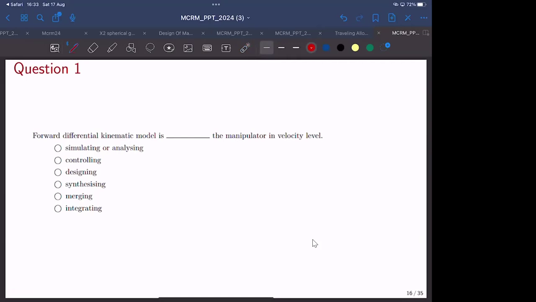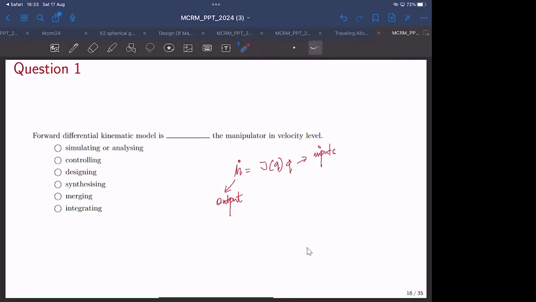So you know the velocity mapping as mu dot equals J of q times q dot. And in the case of a forward kinematic mapping, you would give the inputs to the joint space, and you would observe what happens at the task space, right?